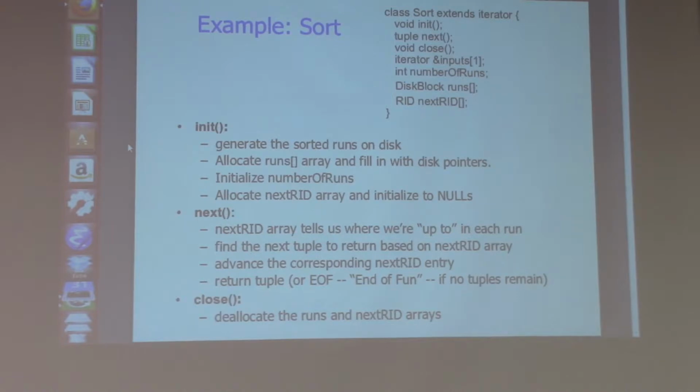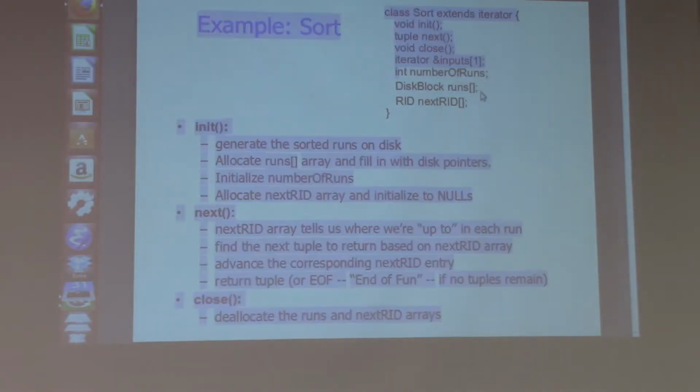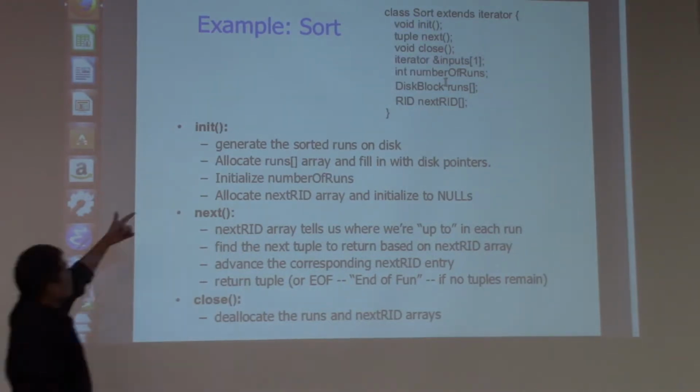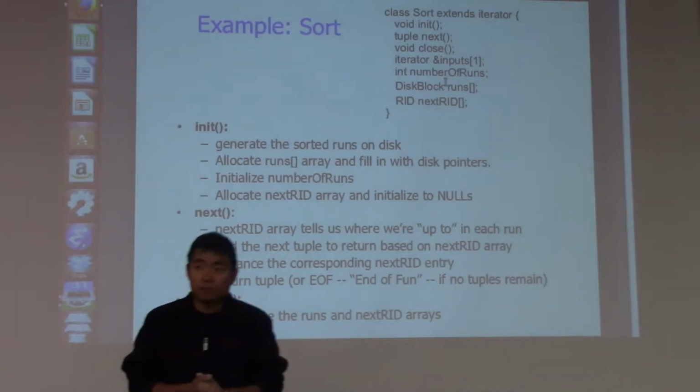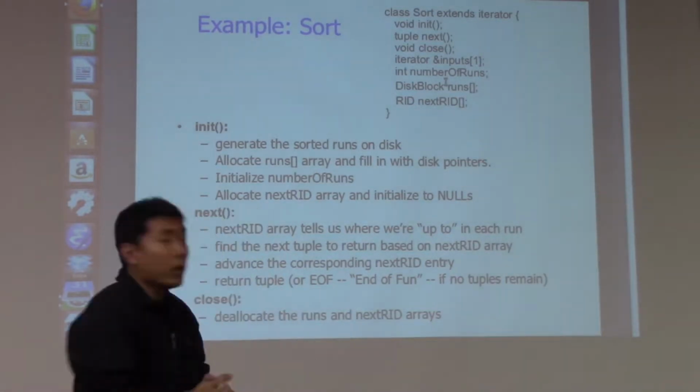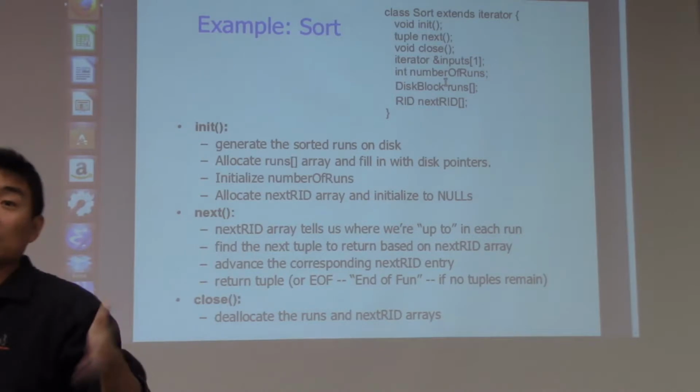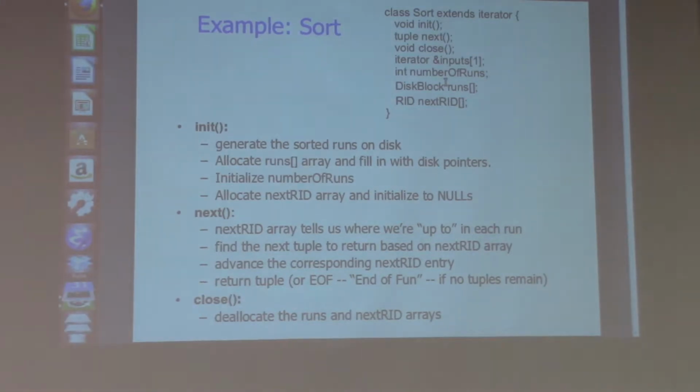What do you have? You have some state variables, the number of rounds and things like that. You have initialization and close. And how does this work? Well, let's look at this together. The initialization phase will be your phase number 1 in our external sort discussion. Initialization will be your phase 1, which means you generate sorted rounds on disk.